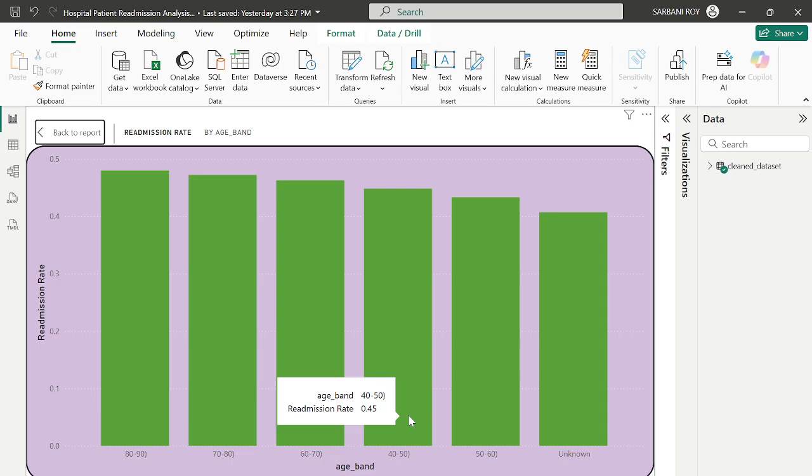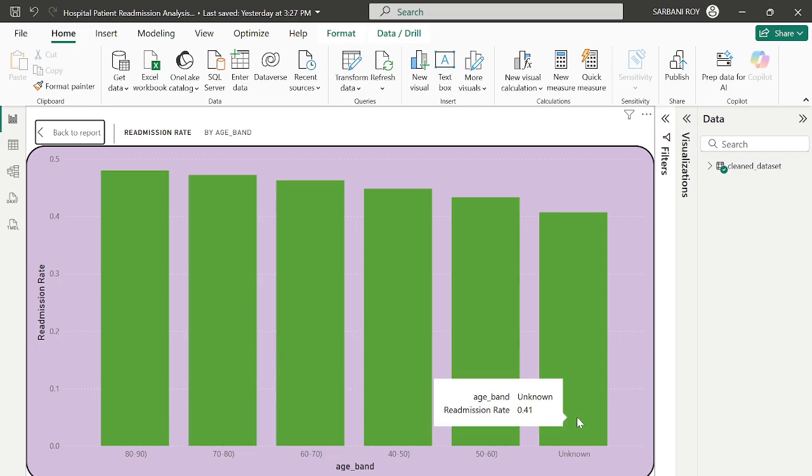Now, the lowest readmission rate is in the unknown age group. The unknown category here, in the last, has the lowest readmission rate. This does not mean they are healthier. It simply indicates that the age was not recorded in the dataset or the sample size was smaller.